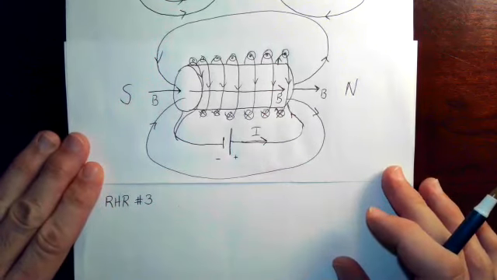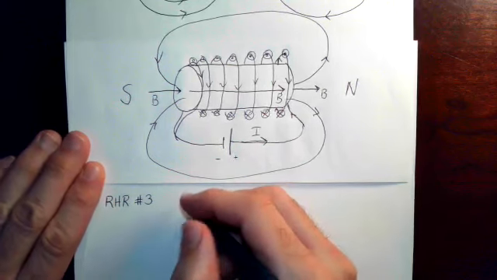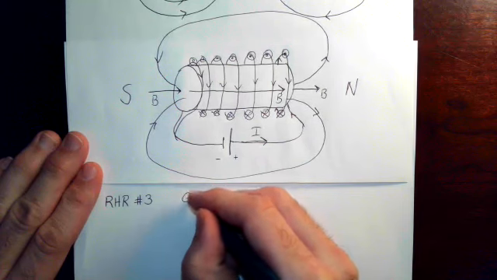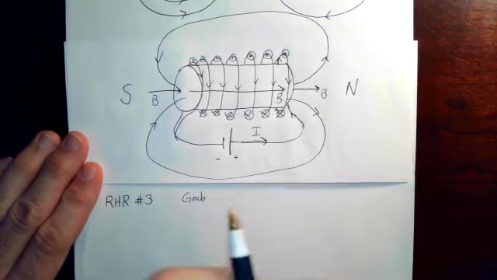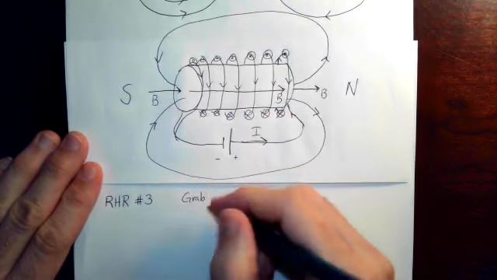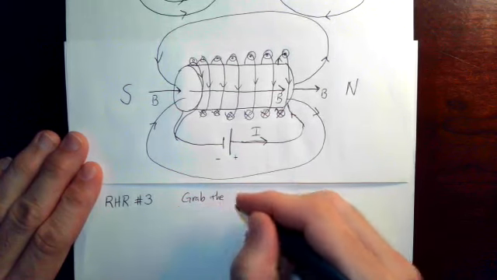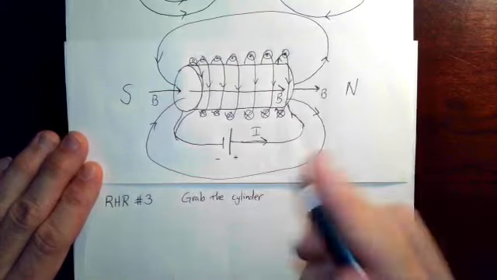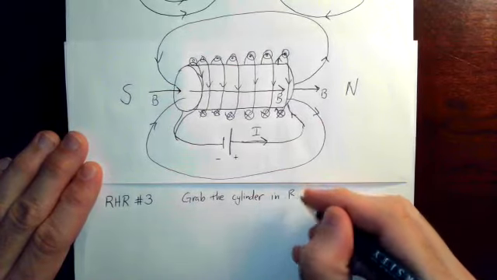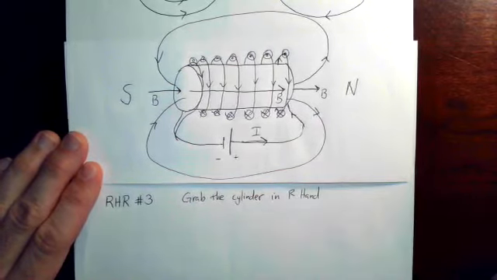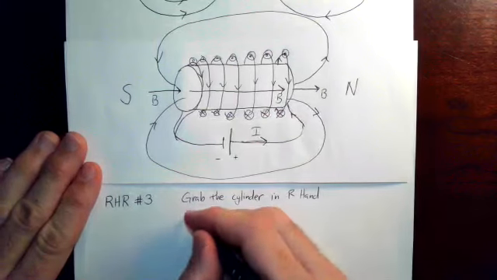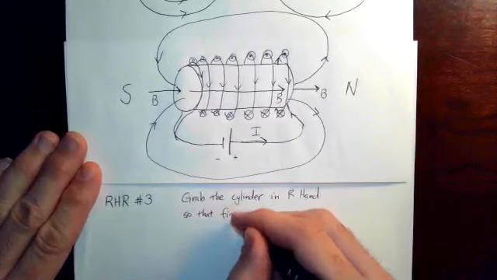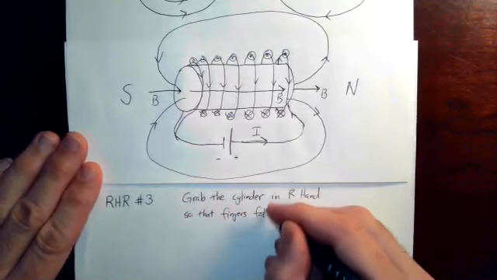Okay, so here's how right-hand rule number 3 works. It's pretty simple. Much like I did with the wire that was carrying a current, I'm going to grab the cylinder in my right hand in such a way that my fingers follow the current.